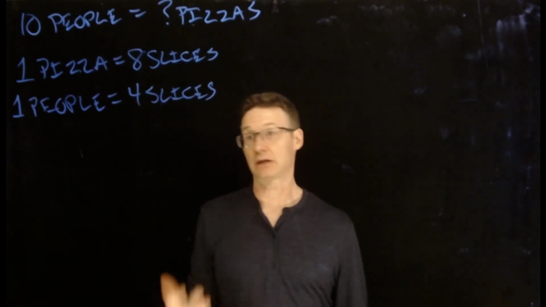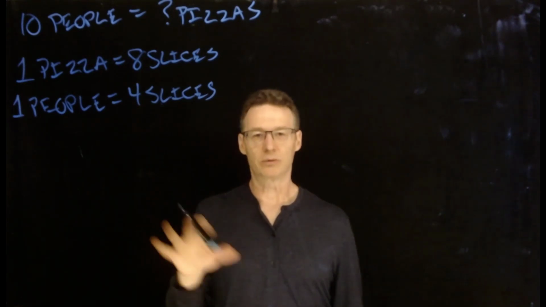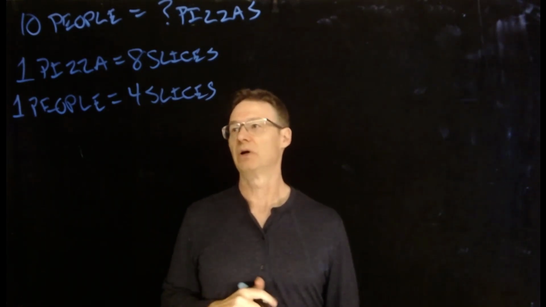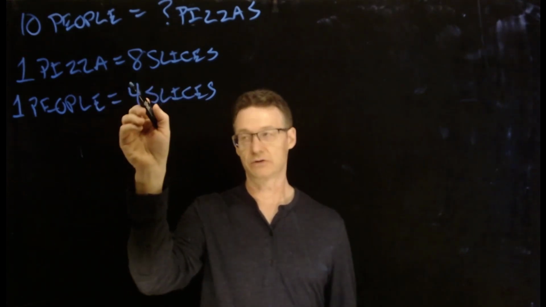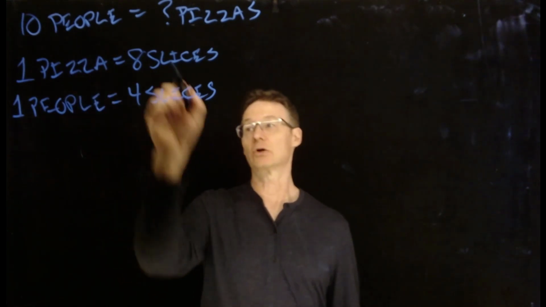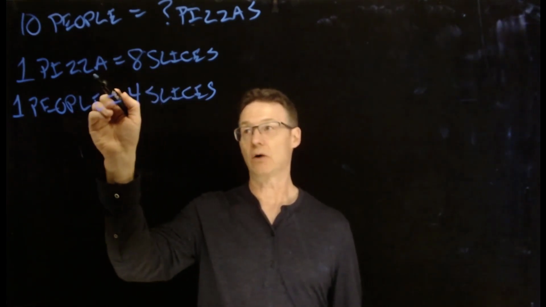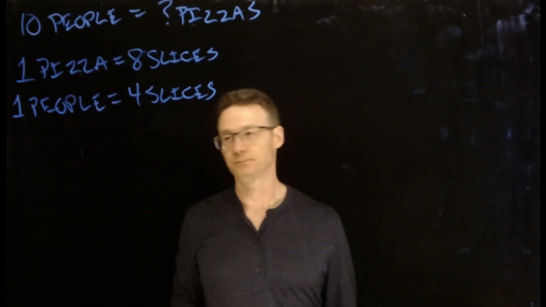Okay, you might say that sounds like a lot, you might say that doesn't sound like enough, but just bear with me. We're going to use that for this problem. Well, now I've got slices in 2 conversion factors. I've got people to slices and slices to pizzas, and so by going in a roundabout way here, I can get from pizza to people, or people to pizza.